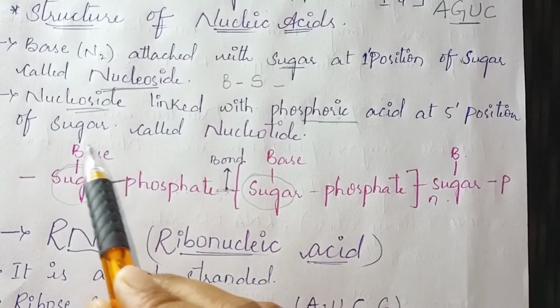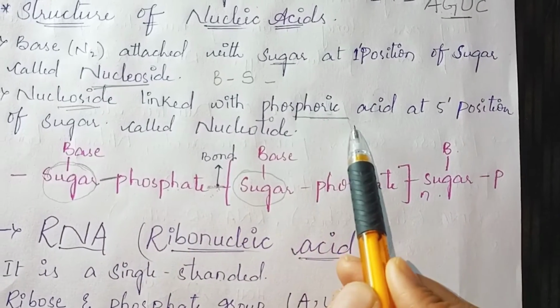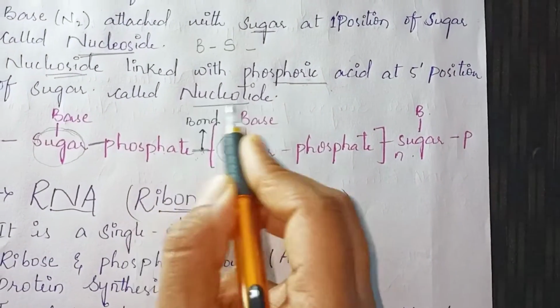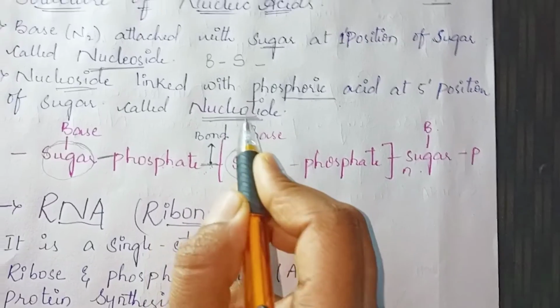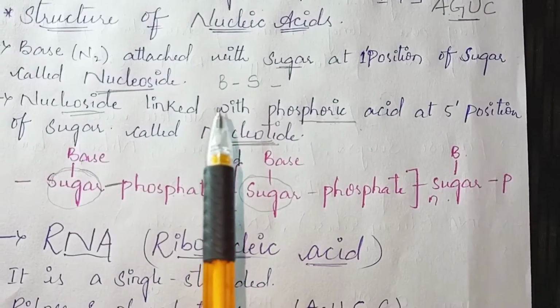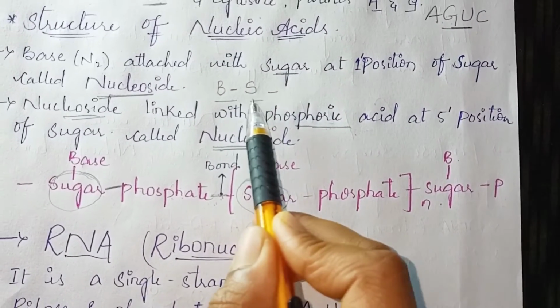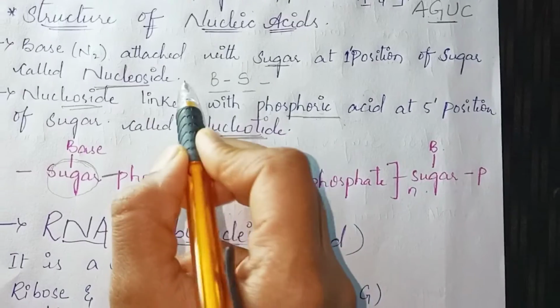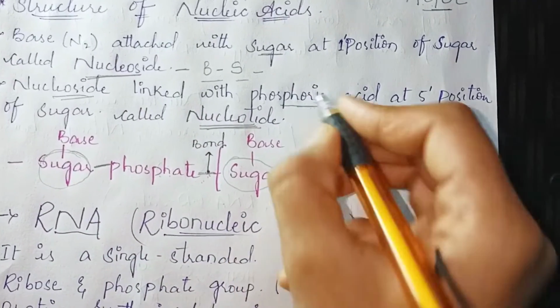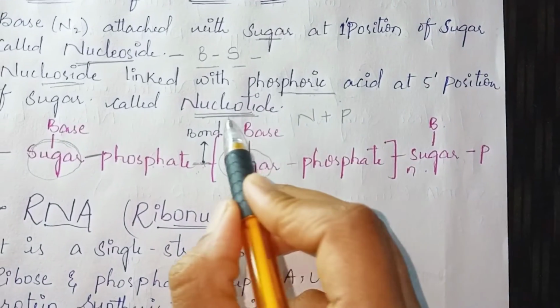So the nucleoside linked with phosphoric acid forms this structure called a nucleotide. Nitrogenous bases plus sugar is called a nucleoside, and nucleoside plus phosphoric acid is the nucleotide.